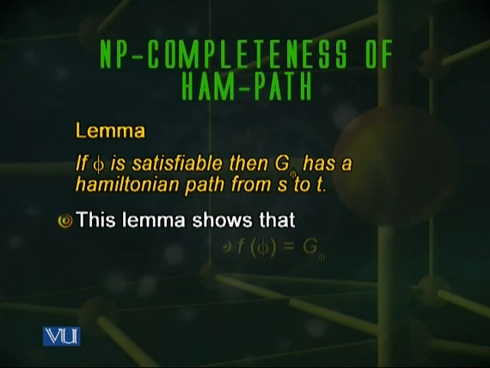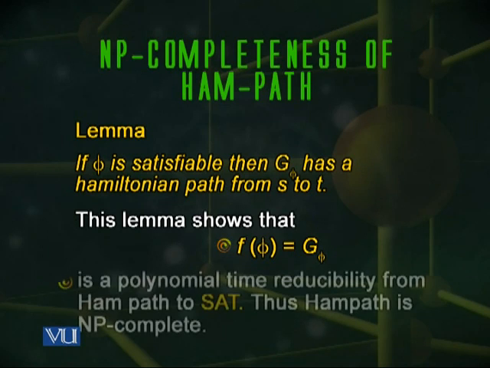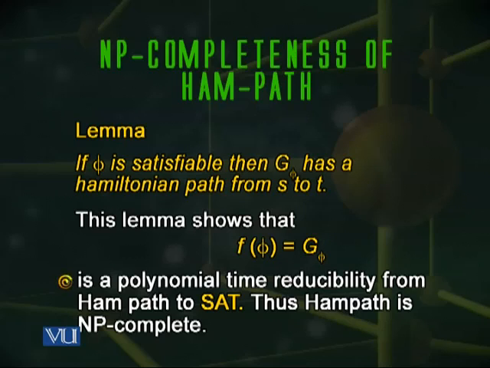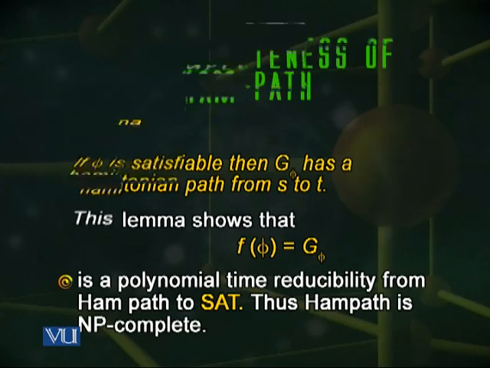This shows us that f of phi defined by G sub phi is a reducibility from the satisfiability problem to the Hamiltonian path problem. And if you think for a moment, you will realize that this is actually a polynomial time reducibility. Given phi, it's very simple to compute G sub phi.